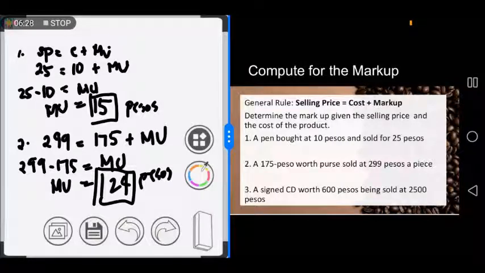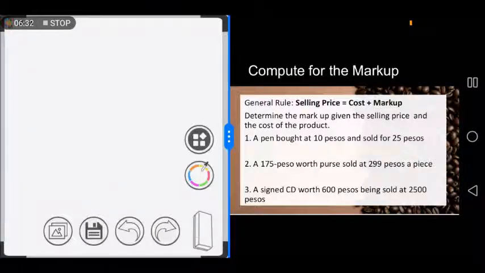Okay? So, for the last one, a signed CD worth 600 pesos being sold at 2,500 pesos. So, selling price is 2,500 equals the cost is 600 plus the markup.